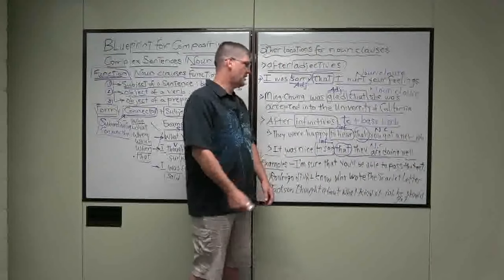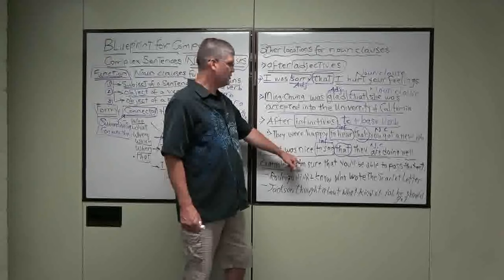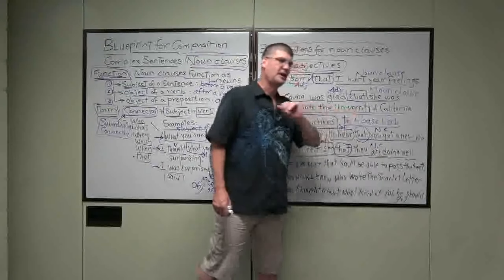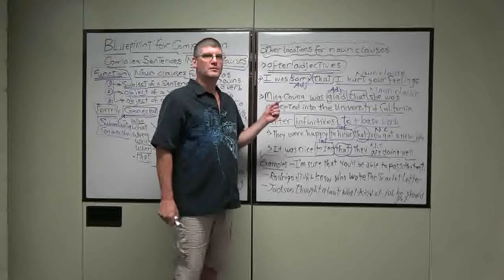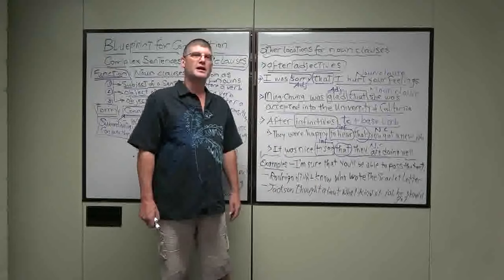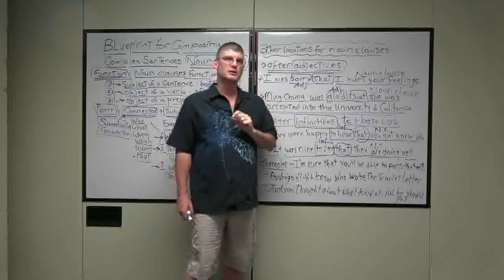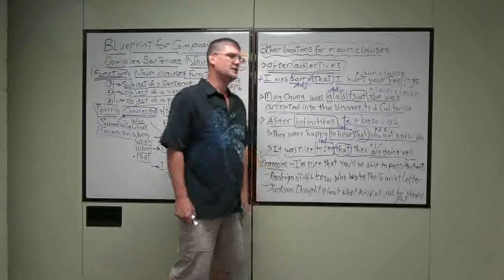So let's look at the first example, down here at the bottom of the board. It says, I'm sure that you'll be able to pass the test. If you're following along at home, keeping score, see if you can identify the noun clause in that sentence and label its function. I'm sure that you'll be able to pass the test.